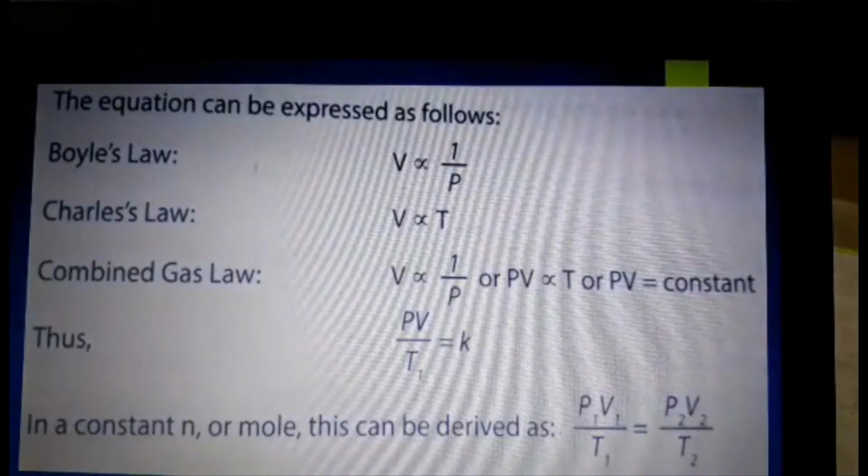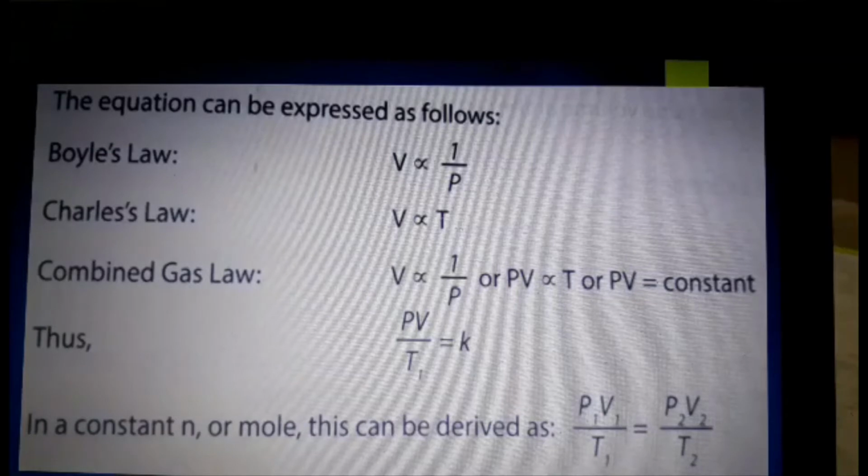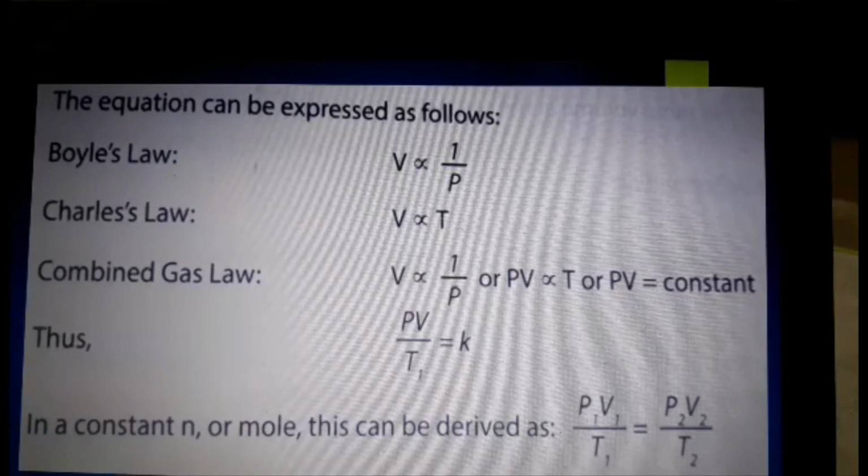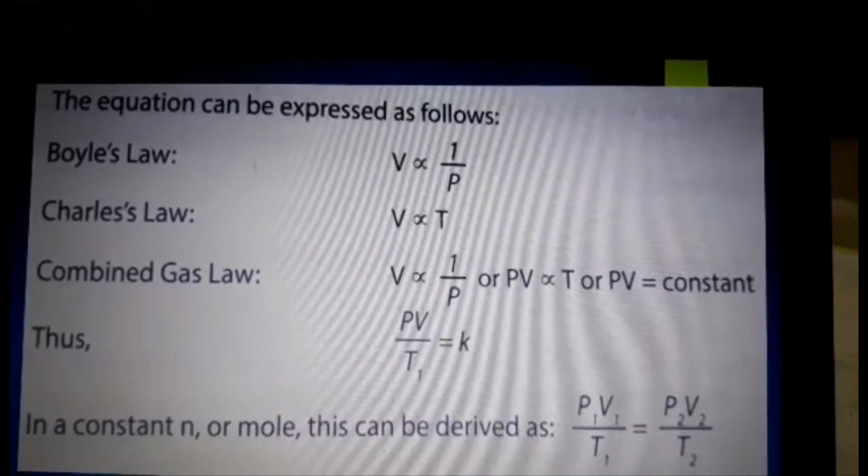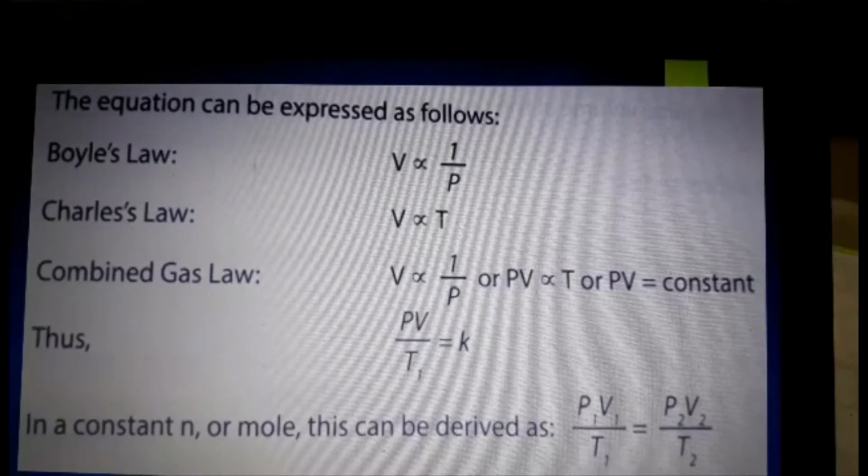Generally, we can express the equation as follows. In Boyle's law, volume is inversely proportional to pressure, while in Charles' law, volume is directly proportional to temperature. Always remember, in Boyle's law the constant is temperature, in Charles' law the constant is pressure, and in Gay-Lussac's law the constants are the number of moles and volume.